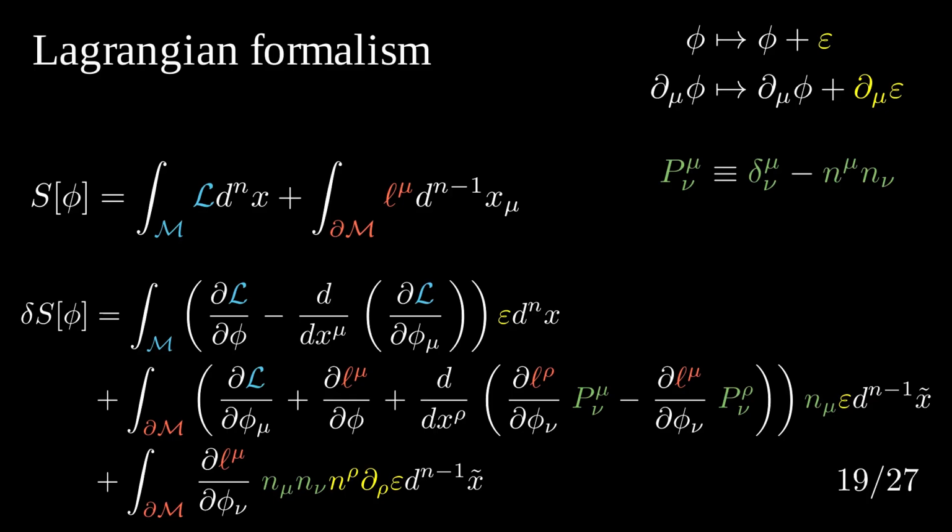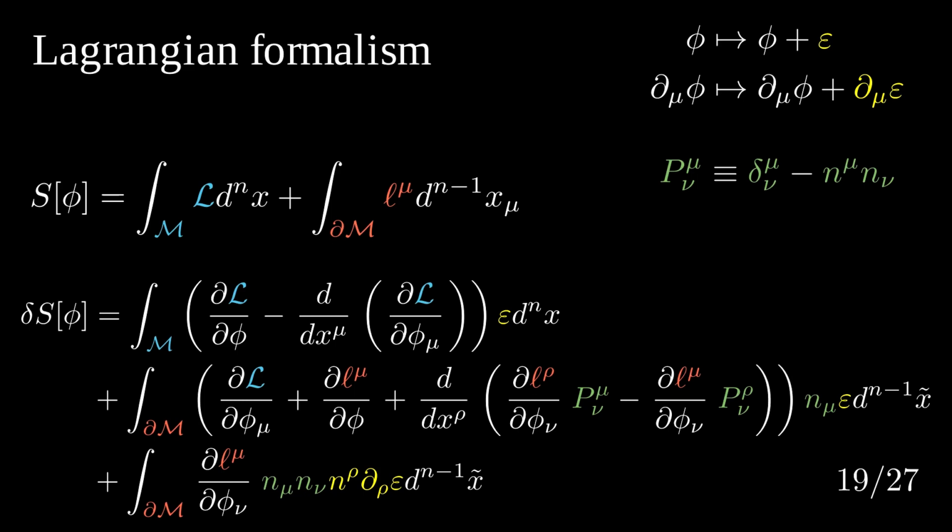One first contribution in the bulk, one second contribution on the boundary, which is proportional to the variation of the fields, and a third contribution that is on the boundary and it's proportional to the normal derivative of the fields.